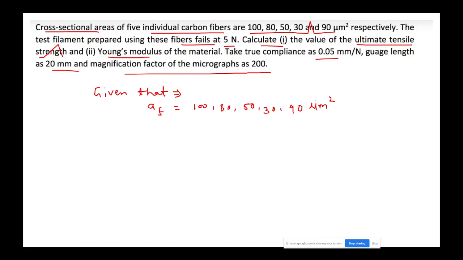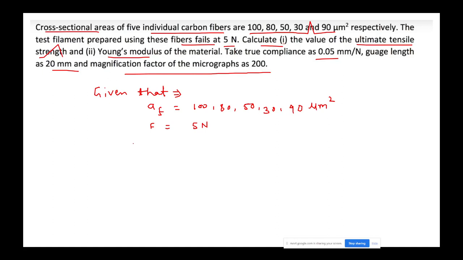Now it says the test filament prepared using these fibers fails at 5 Newton, so the force is 5 Newton.